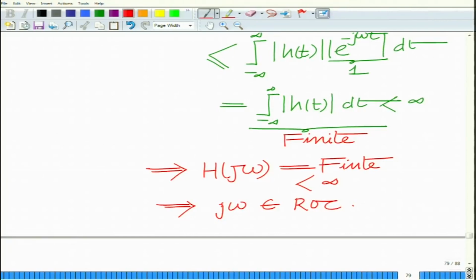So, the argument is the following: the magnitude of H(jω) is less than or equal to the integral from minus infinity to infinity of the magnitude of h(t) dt, which is a finite quantity.